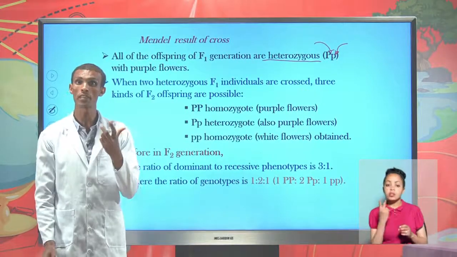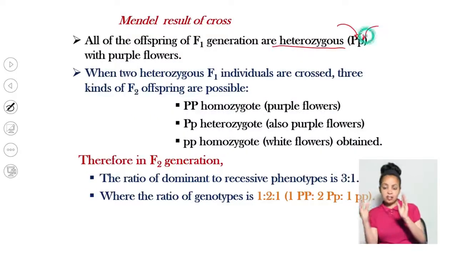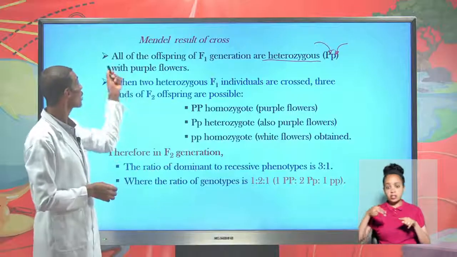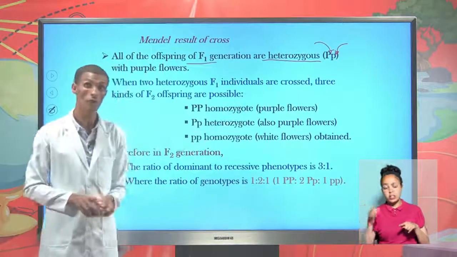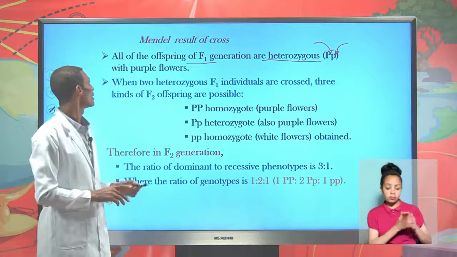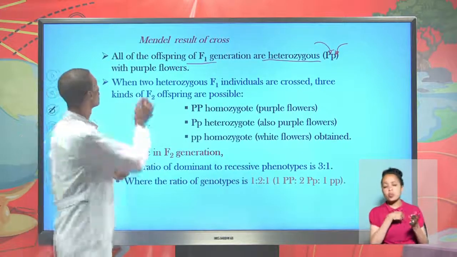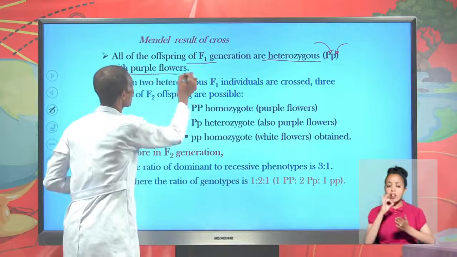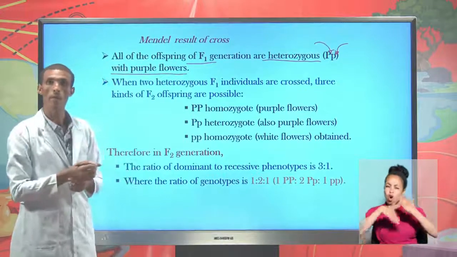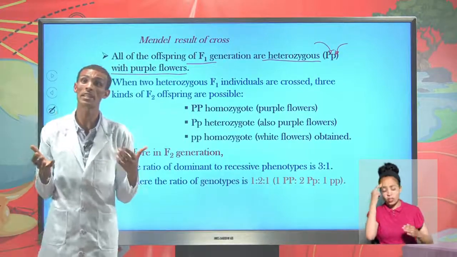They came from different loci. If traits come from different loci, we call it heterozygous. In the F1 generation, all become purple, because the character of whiteness is not expressed here.